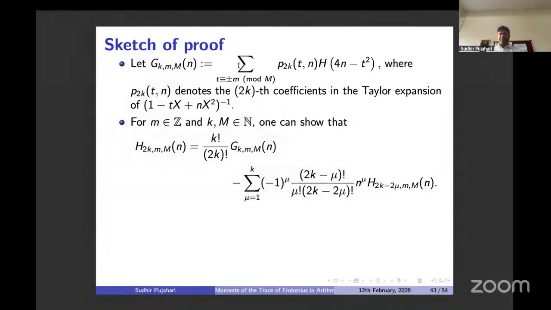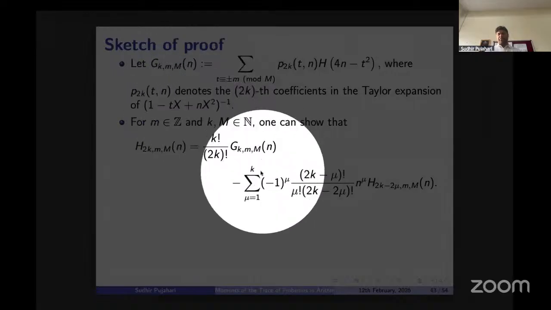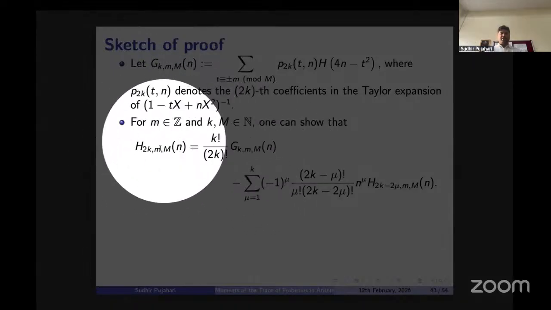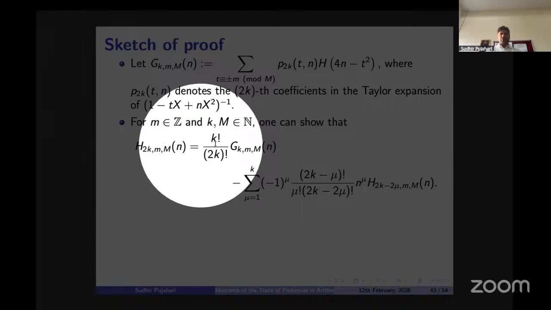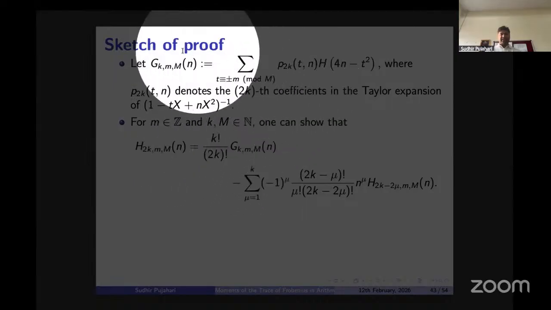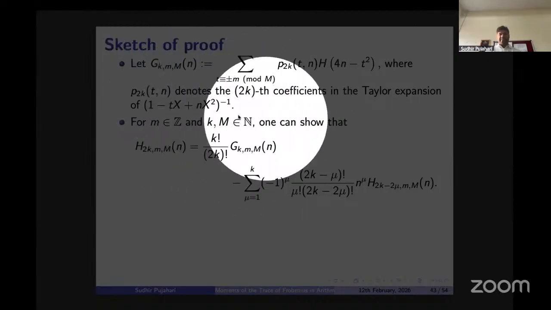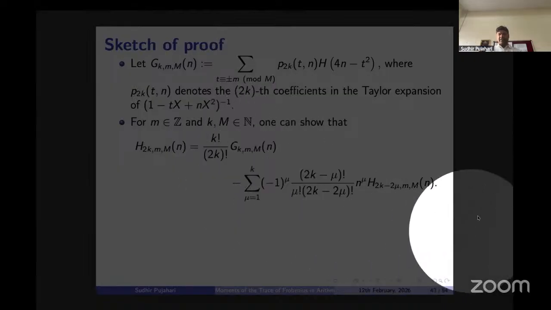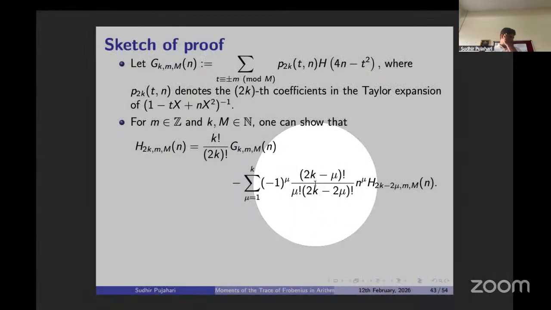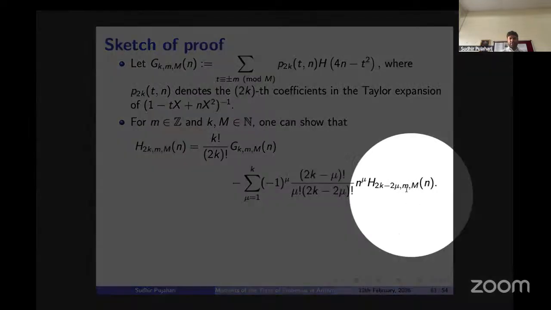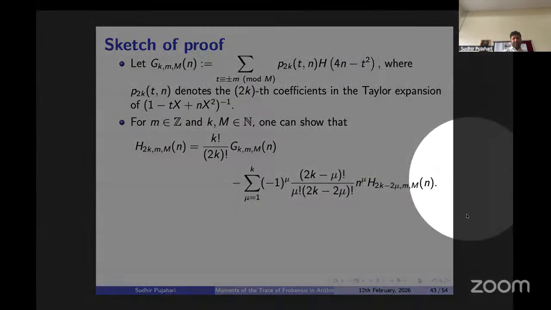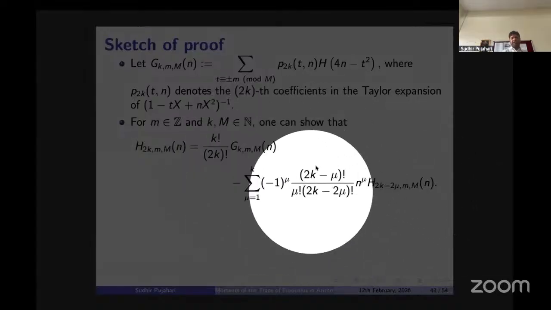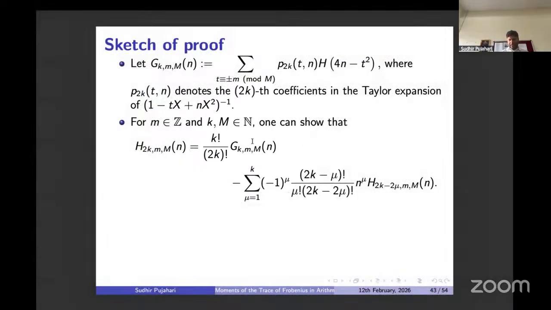And with this notation, we have to show that the even moment of the Hurwitz class number with that congruence condition can be written as this G_{k,M}, minus this; it is some sort of a recurrence relation, because here we can write it in terms of smaller moments.